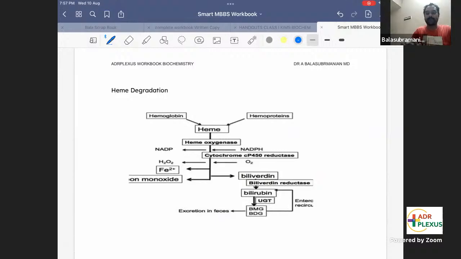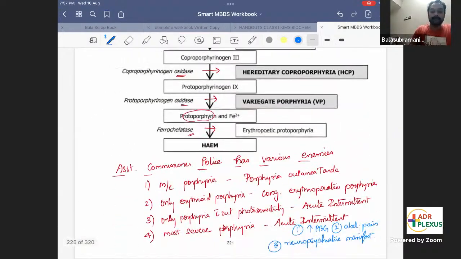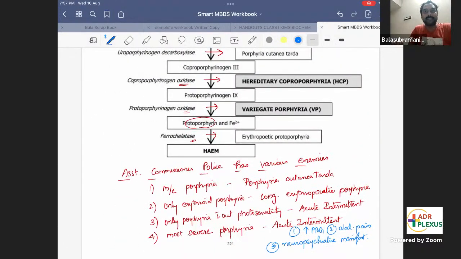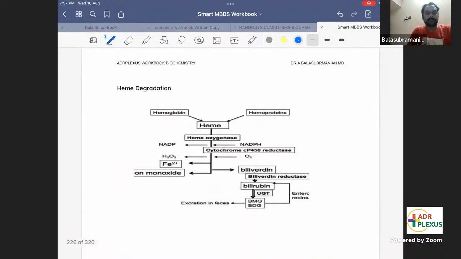So let's move on. With this, we are completing the heme synthesis and porphyrias. Okay. Now, I'm going to teach about what's going to happen when the RBCs are broken down. So basically, understand this concept. We have the RBCs. The RBCs are loaded with hemoglobin.